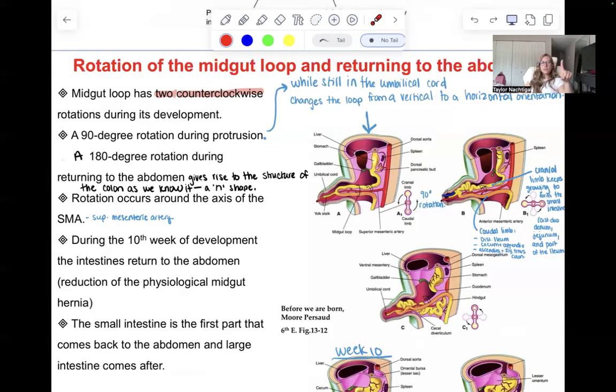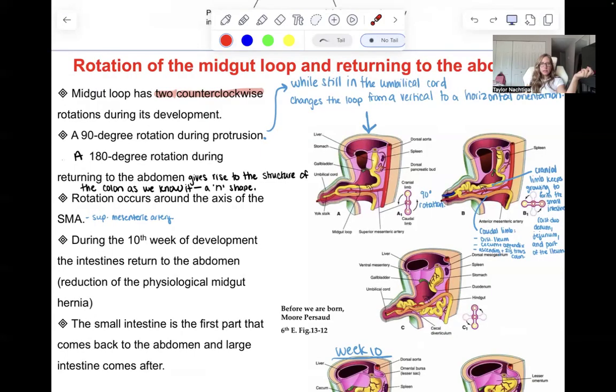The first rotation is a simple 90-degree rotation, where it's sort of along this axis, and then it rotates 90 degrees to be more horizontal. That's what this is showing down here. It starts vertical and then it rotates to become flatter and more horizontal.